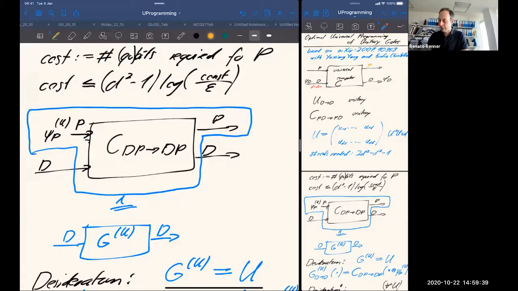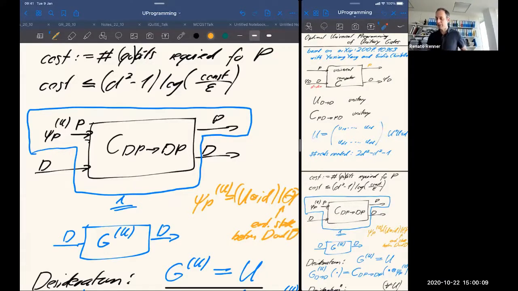So what you can do is you define a state psi_U as the state you obtain by taking the unitary you want to implement on your computer, tensor it with the identity, and apply it to some state theta, which I define to be an entangled state between d and some copy of d, which I call d bar.